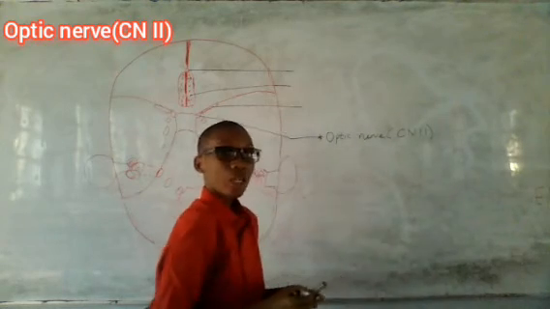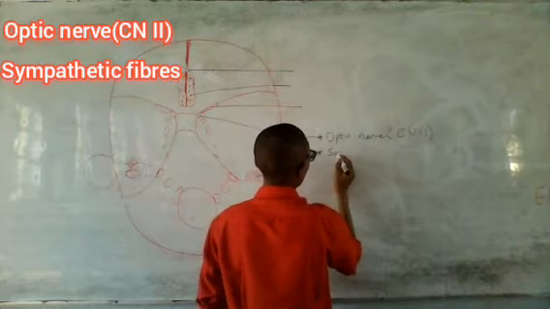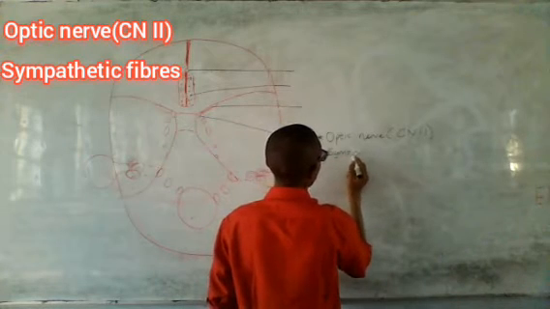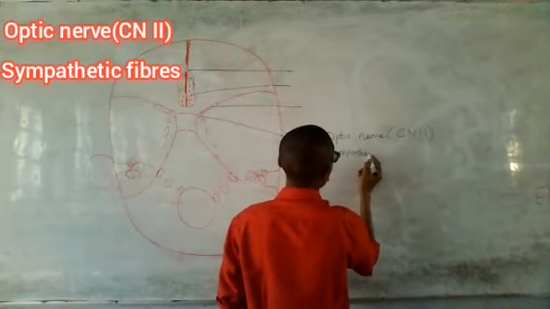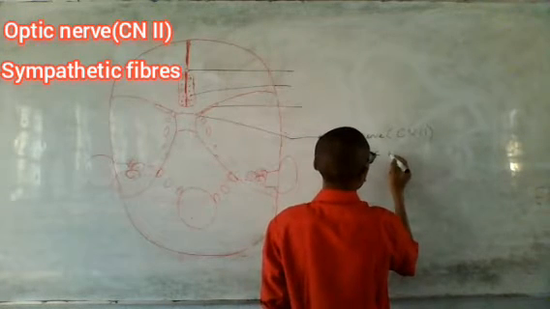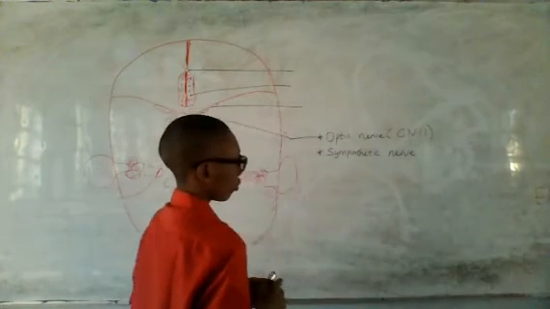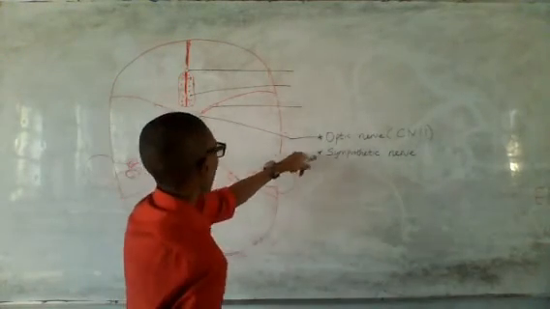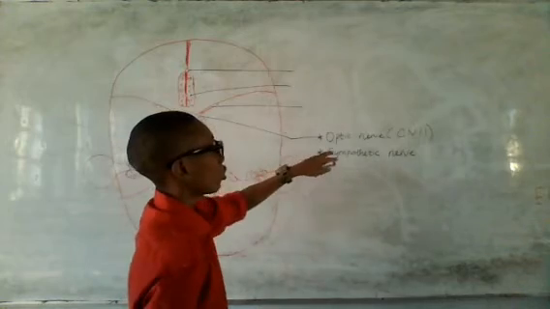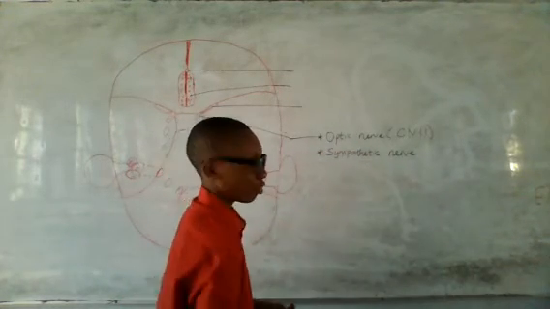The other structure that passes through it is the sympathetic fibers, which give innervation to the structures of the eyes. So there are two structures that pass through the optic canal: the optic nerve and the sympathetic fibers.